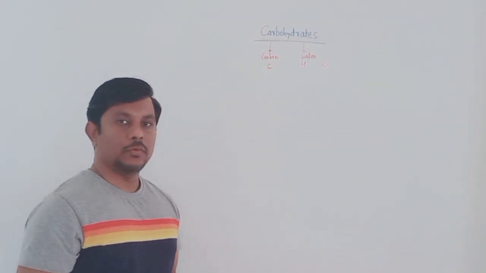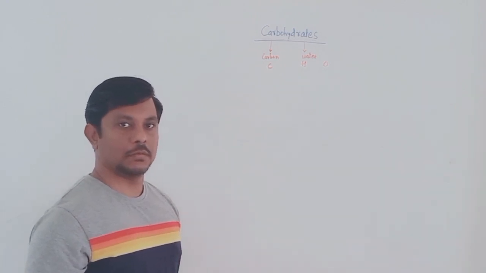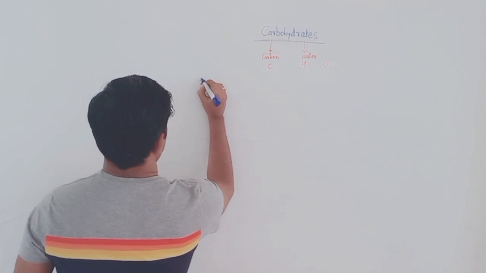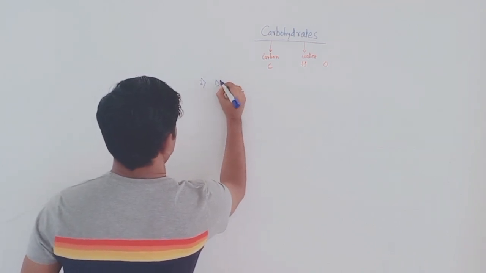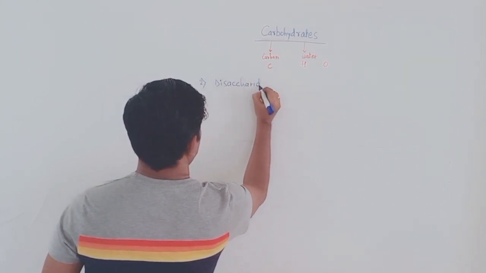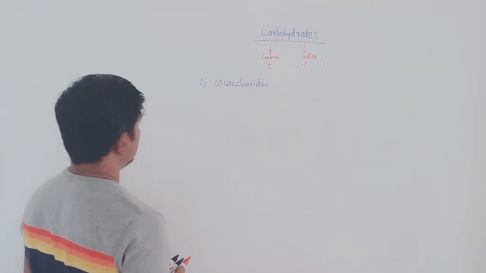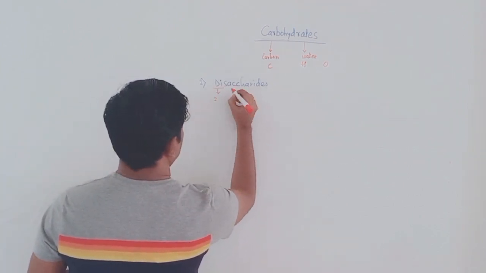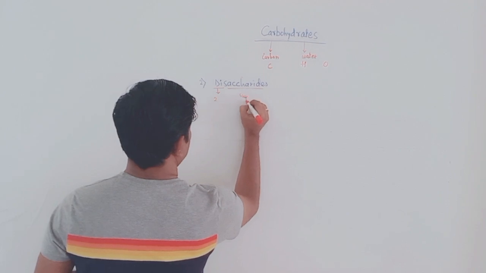So now we will see about disaccharides. So the second classification is disaccharides. So di means two, saccharides means sugar units.